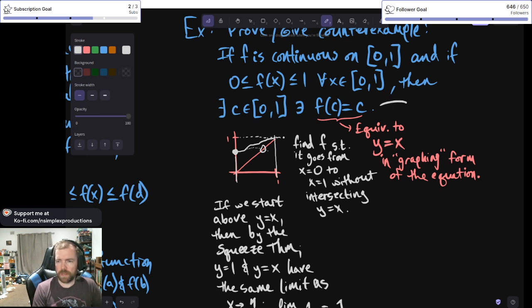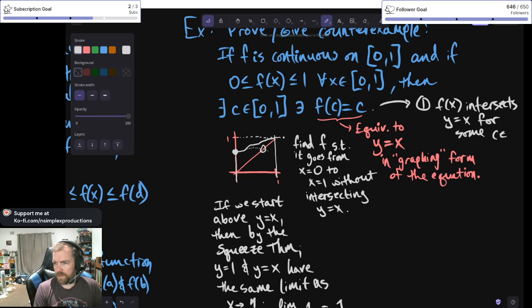So again, here we could go case 1, f of x intersects y equals x for some c.